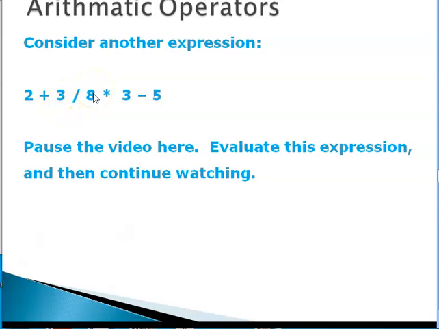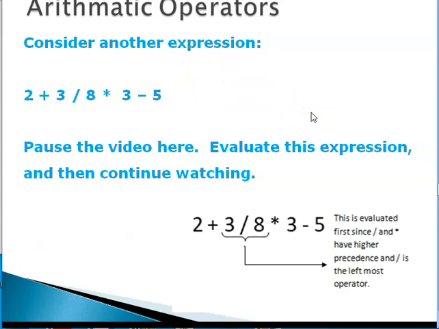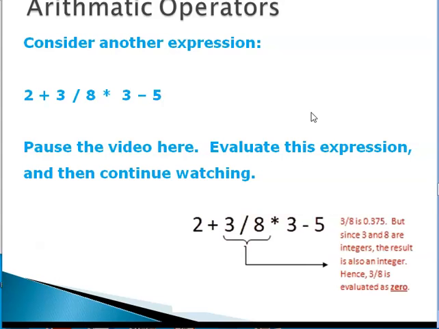The result of this operation is also an integer. So the fractional part is truncated. So 3 by 8 is 0. 0 multiplied by 3 is 0. 2 minus 5 is evaluated to minus 3. Carefully follow through the animation to understand.